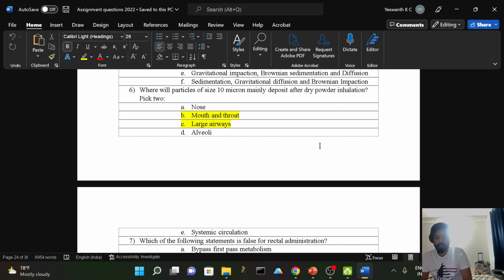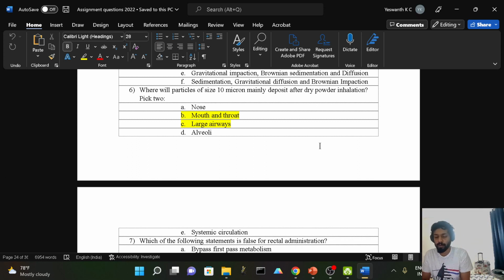Inhalers are generally used to deliver dry powder formulations. If people use inhalers, the particles will most likely deposit in the mouth, throat and large airways because of their size.